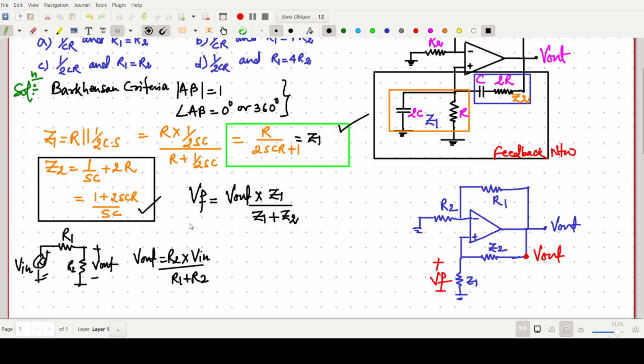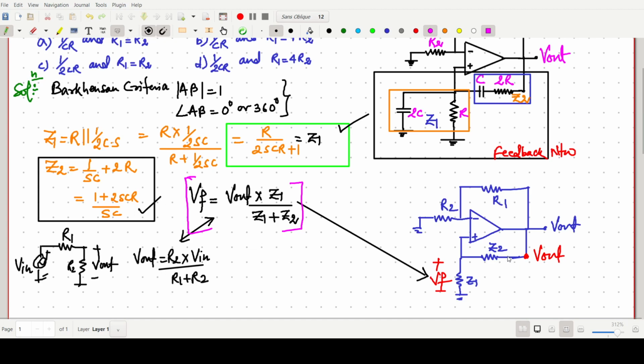The same concept is used here for this Vf. Clear?